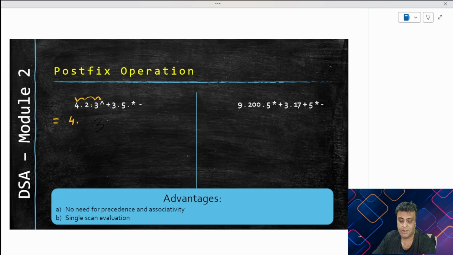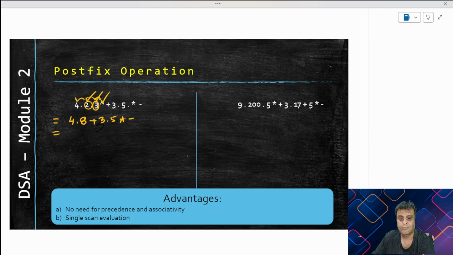When it finds an operator, the last two operands, the last two numbers, we are going to apply the operator on those last two operands. So this will become 8, right? So we are done with this, we are done with this, we are done with this. Now we will write the rest of the expression as is.